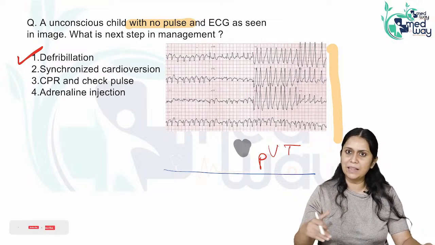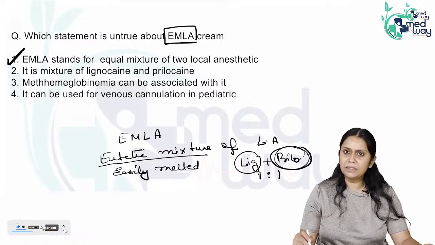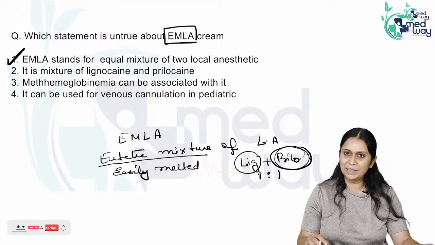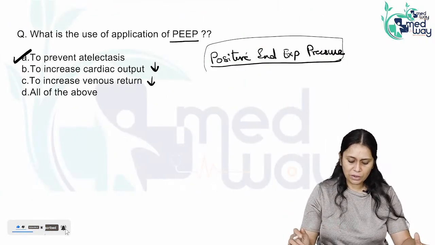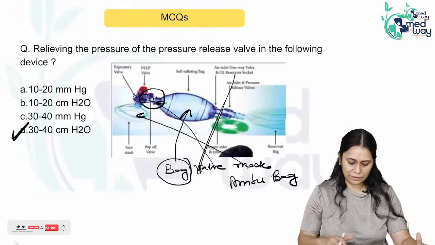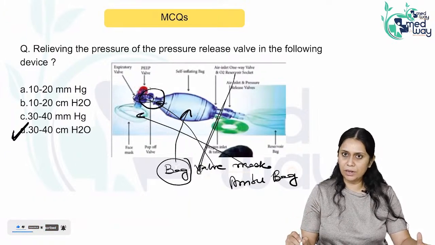Defibrillation, because it is pulseless ventricular tachycardia. Then which statement is untrue about EMLA cream? EMLA stands for equal mixture of local anesthetic. This is wrong. It is eutectic mixture. Okay, next. What is the use of application of PEEP? PEEP prevents atelectasis.